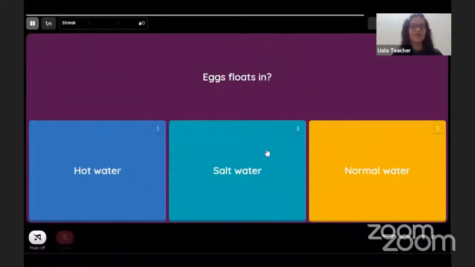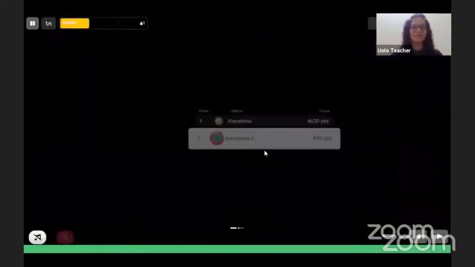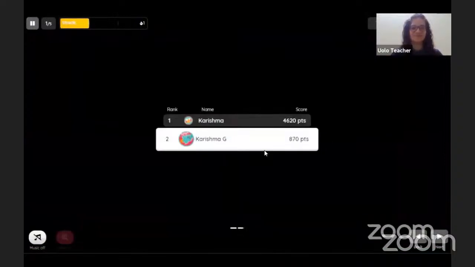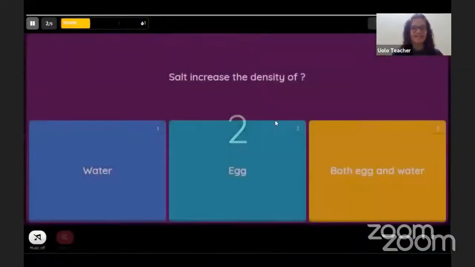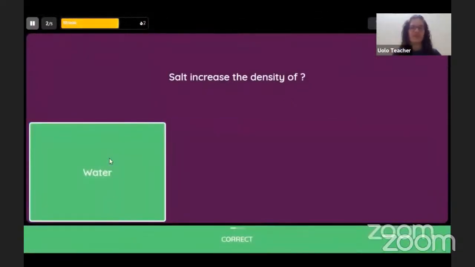We did this. Egg floats in salt water. That's right. Next, salt increases the density of water, egg, both egg and water. Salt increases the density of water. That's correct. Very good.